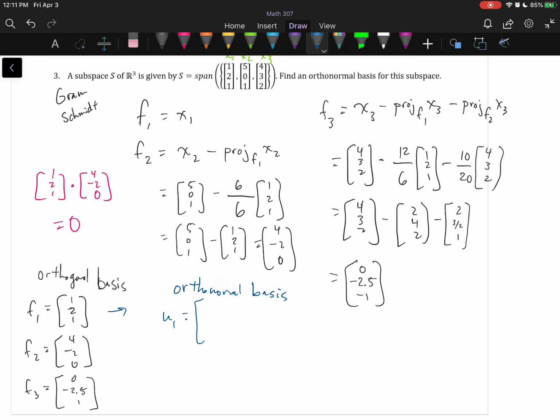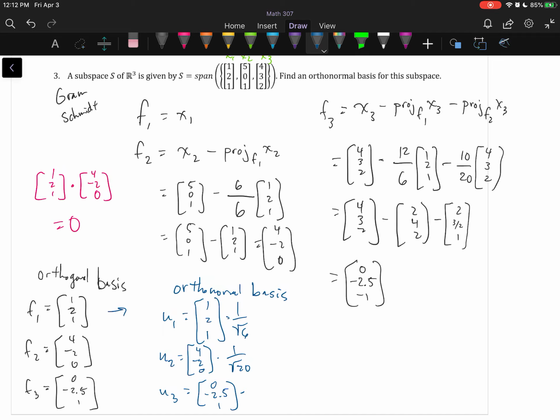So, basically this would be 1, 2, 1 divided by the square root of 6. U2 would be that same vector, 4, -2, 0, and we'd have to divide it by, what did we say, 20? 20. So the square root of 20. And then U3 would be 0, -2.5, and 1.